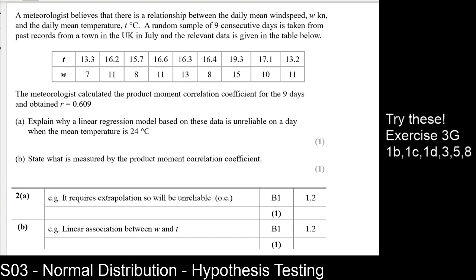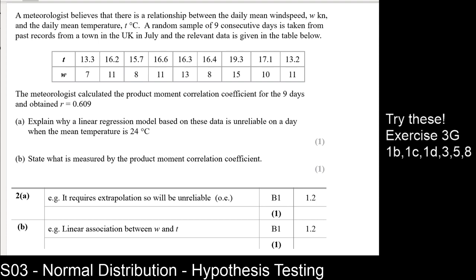So the first thing I'm going to look at is this past paper question that I posted earlier. Now, this is going to use product moment correlation coefficient. The first question is simply why a linear regression model based on the data you've got there is unreliable.